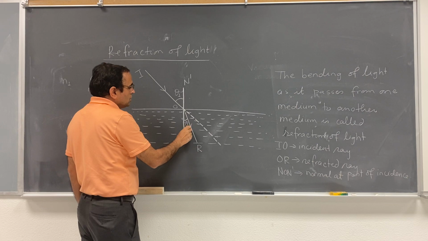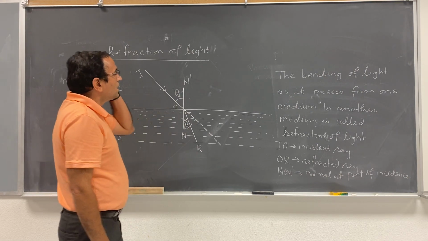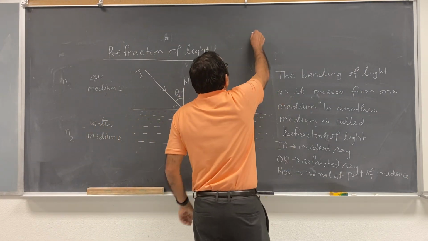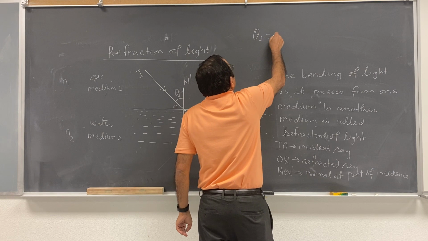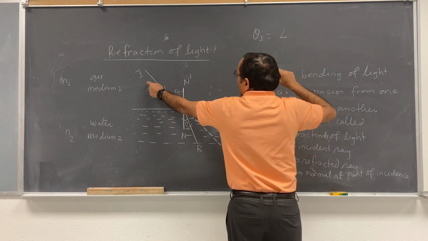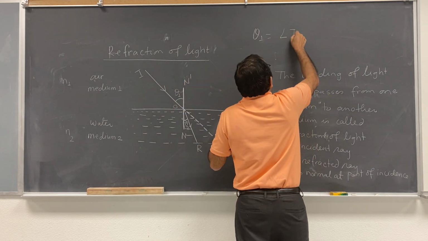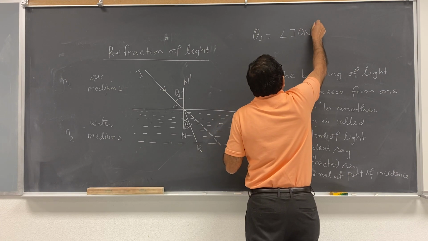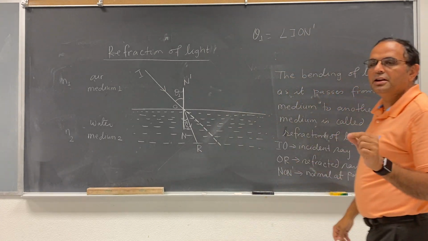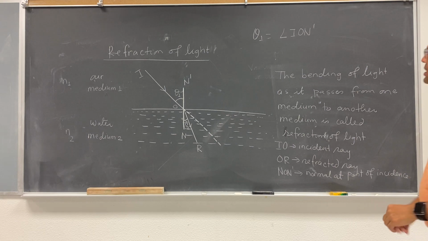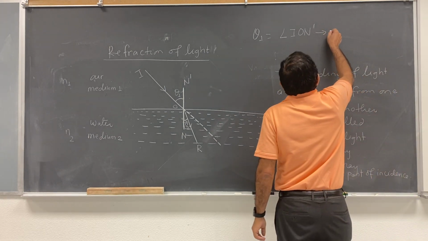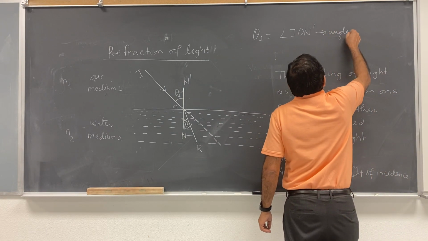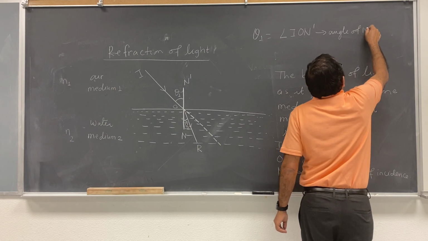This is theta 2, this is theta 1. So theta 1 is angle ION prime, that means the angle made by the incident ray with the normal. This is called the angle of incidence.